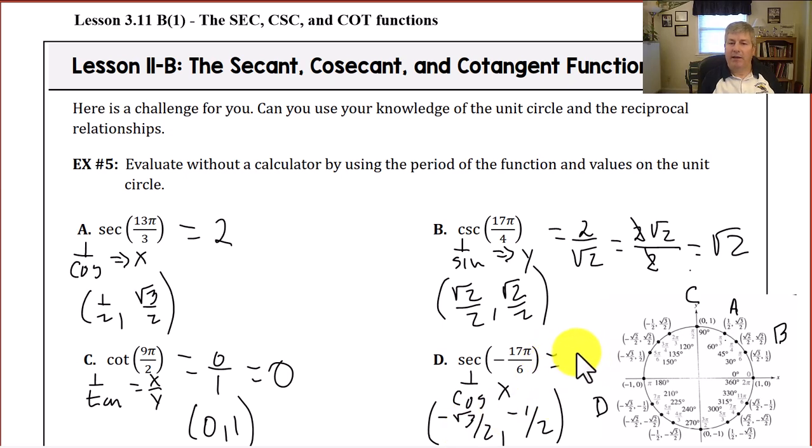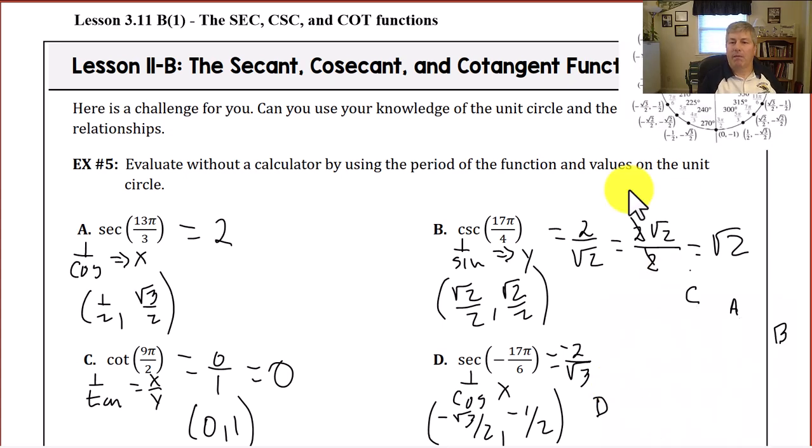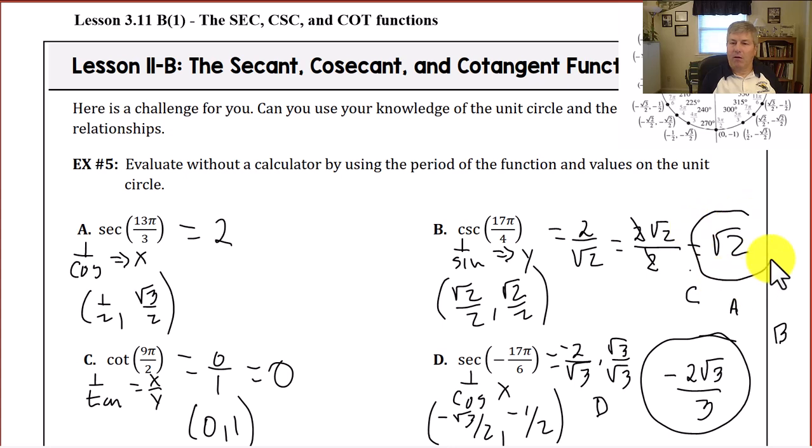So that would be negative 2 over the square root of 3, and then rationalized, that is going to be negative 2 square root of 3 over 3. So I move my unit circle out of the way, rationalize that, and we get negative 2 square root of 3 over 3. So we've got all of our 4 answers that we got off of the unit circle.